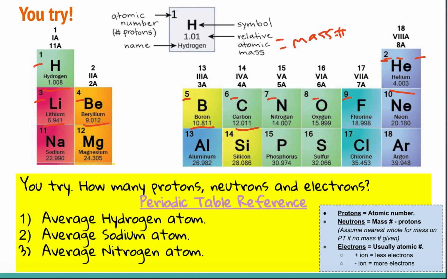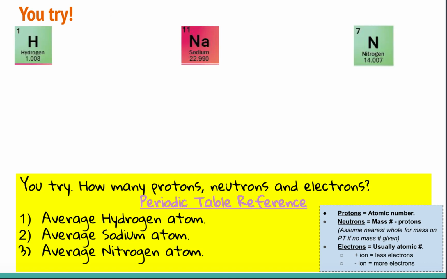But when we're calculating a single atom, we want to use the whole number of the most common atom. So we're not going to use the number 12.011 for calculating the neutrons or protons. We're going to be using the nearest whole number, 12, which means it's the most common atom, also known as an isotope. We'll talk about that in a little bit.